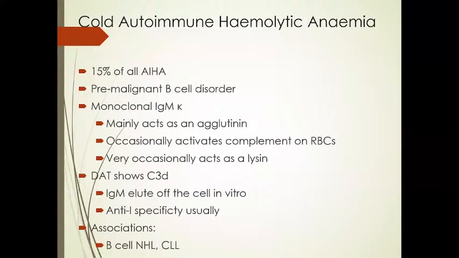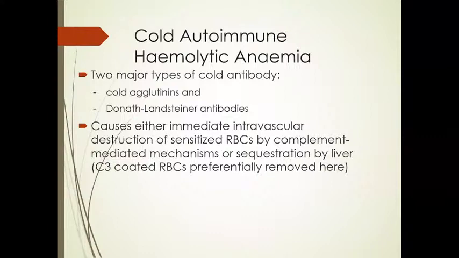So it's associated quite often with your B cell disorders, your lymphoproliferative disorders like a non-Hodgkin's lymphoma, or your chronic lymphocytic leukemia. So IgM, that's the thermal amplitude, and you really should look for an underlying LPD.